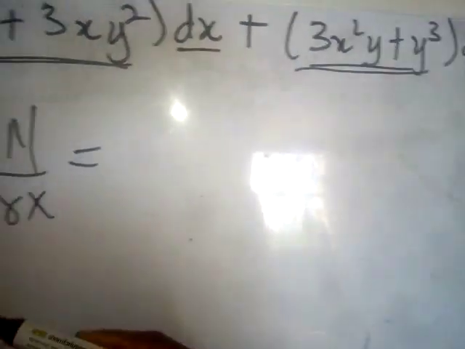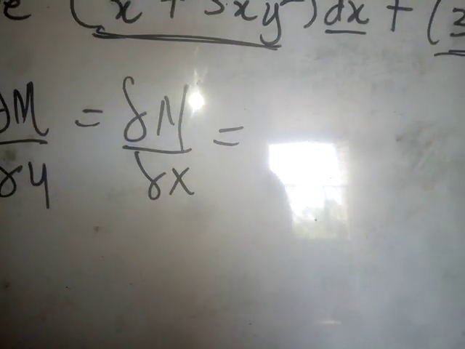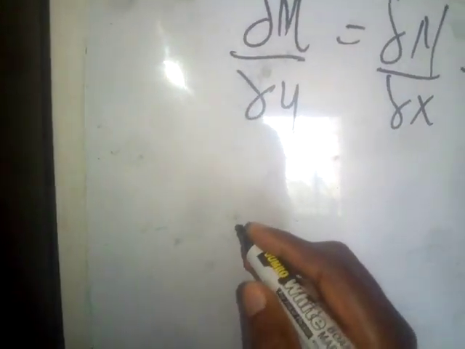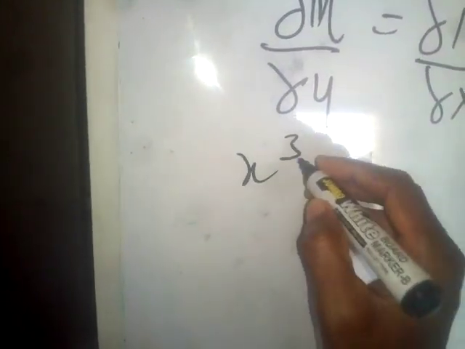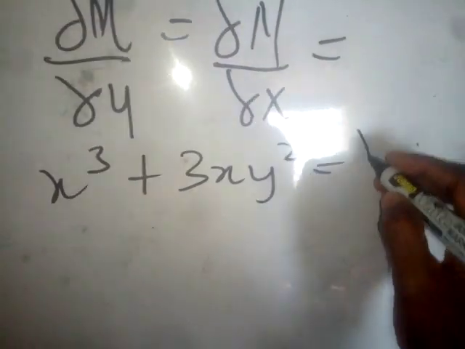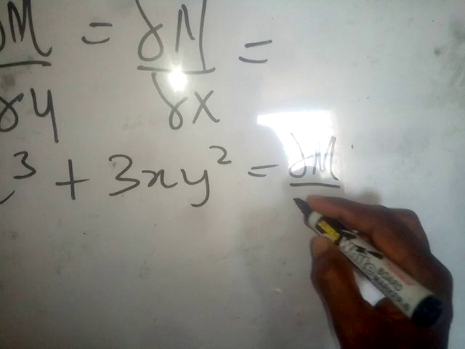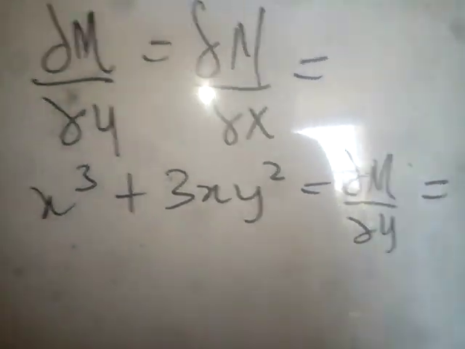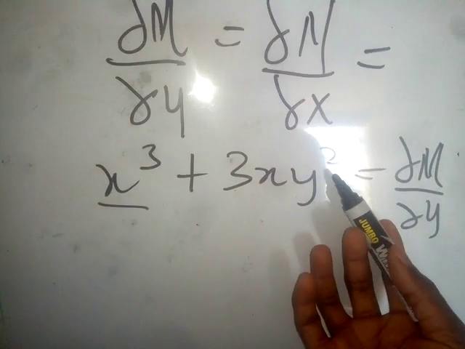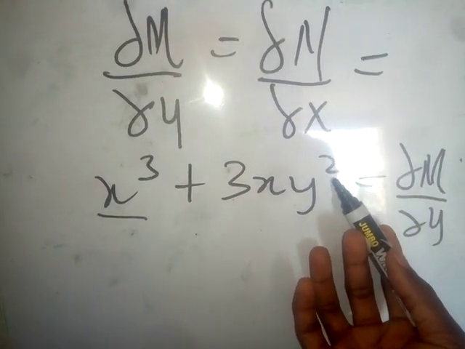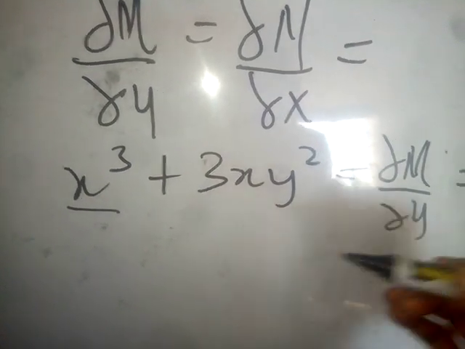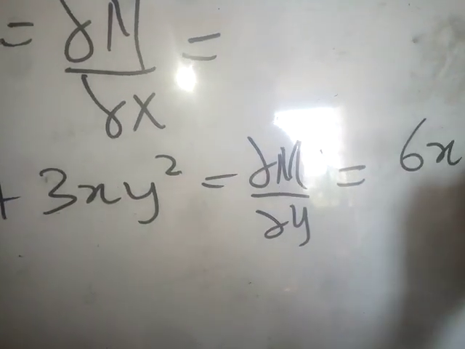So let's see. We will differentiate M partially with respect to y, and differentiate the N part with respect to x. The M part is x cubed plus 3xy squared. Differentiating it partially with respect to y, this part will be 0, but in this part 2 will come down, multiply by 3, making 6xy.